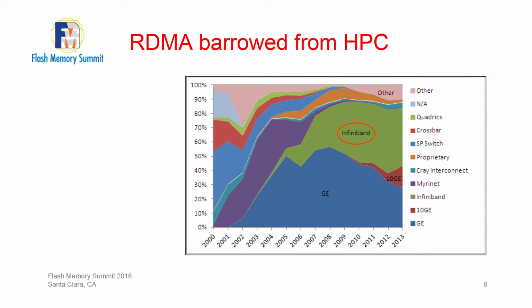This isn't old technology. It's been around for many years. Actually, it was part of the InfiniBand technology that started way back in 2000 or before in the high-performance compute industry. And you can see over the years, InfiniBand became the dominant technology in the HPC space.